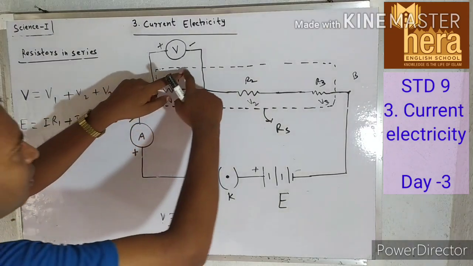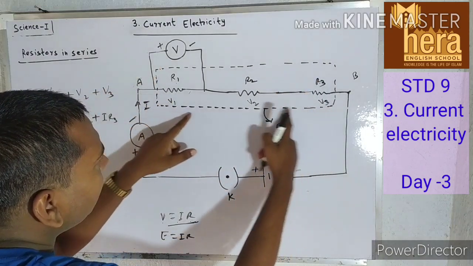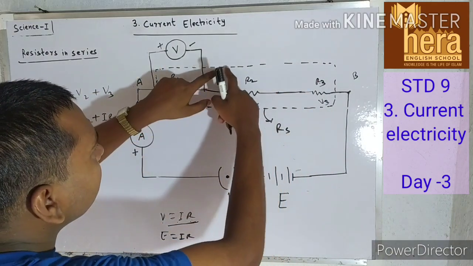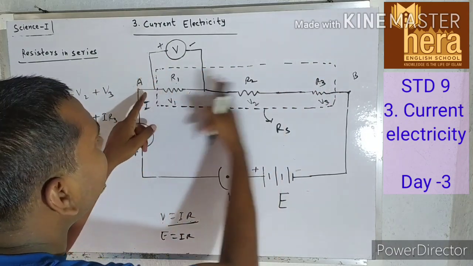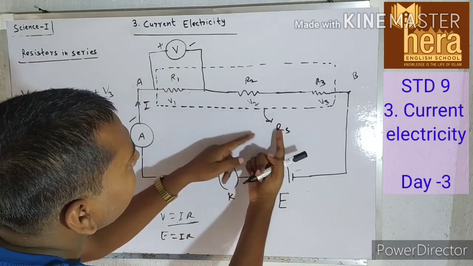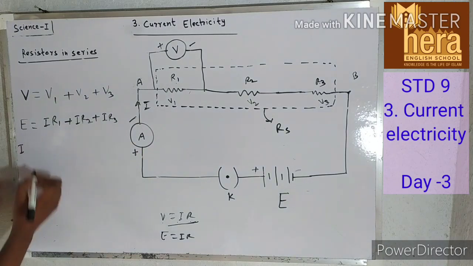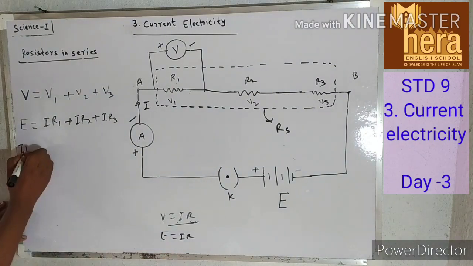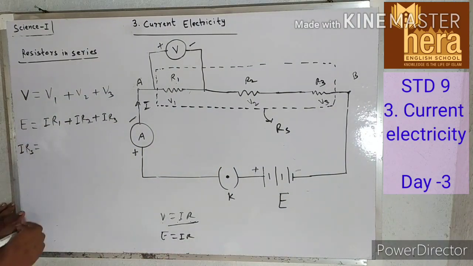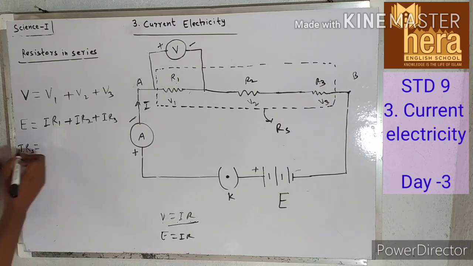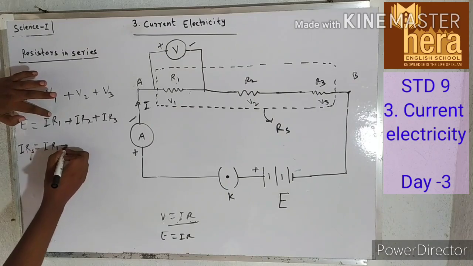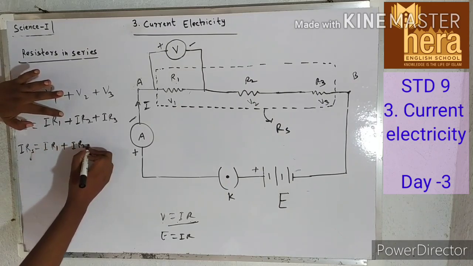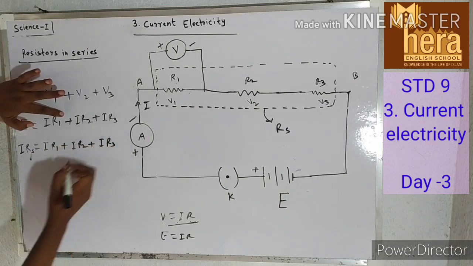So total current I times R is equal to how much? RS, the total resistance between point A and B, which we have assumed here as RS. So I in place of R right here is RS. So I RS is equal to I R1 plus I R2 plus I R3.